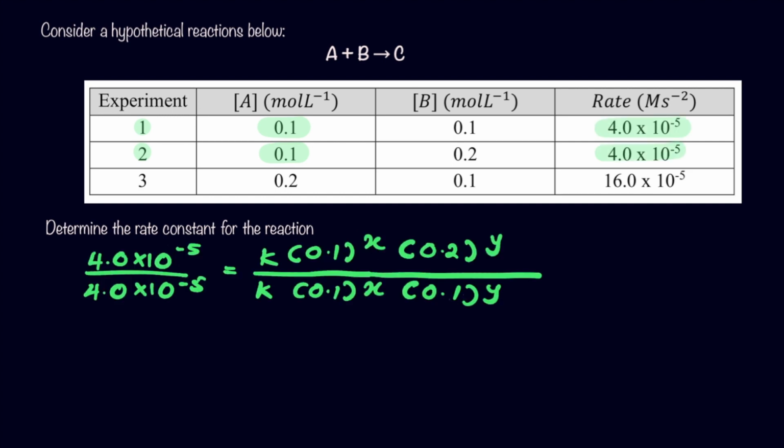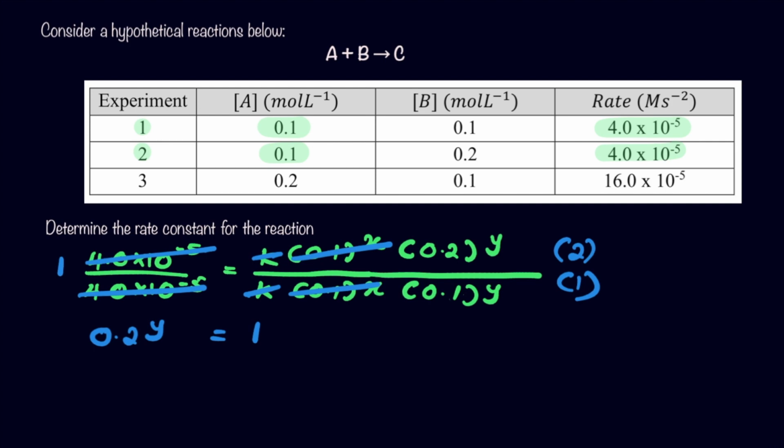What we have done now is experiment 2 divided by experiment 1, so this one you can slash out together with all of this. So 0.2 divided by 0.1 is 0.2. So you can write 0.2 to the power of Y is equivalent to 1.